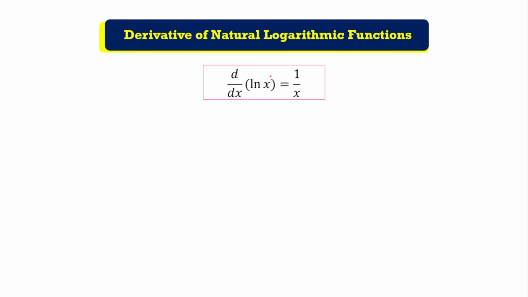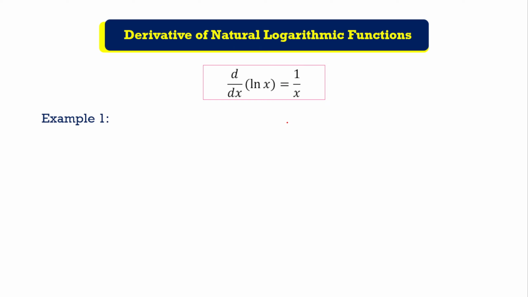When we see ln x, it's called natural because ln x is just equal to log with the base e of x. When the base of the logarithm is e, that is the natural logarithmic function. It can be written this way, ln x. So the derivative of ln x is just equal to 1 over x.